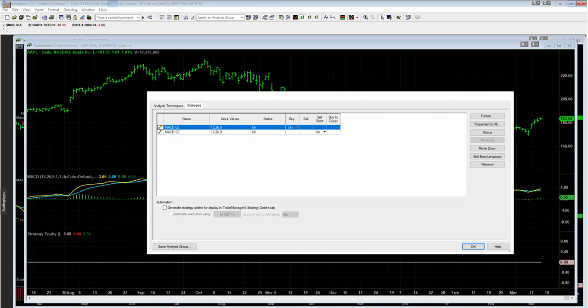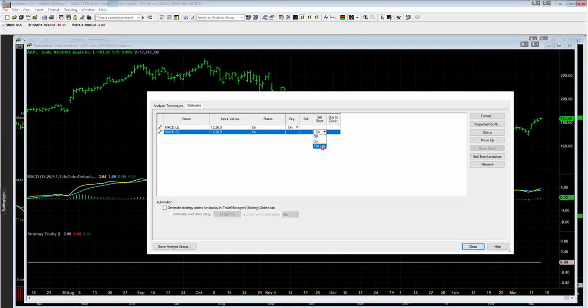Okay, so we talked about the status column here. Now, over to the right, these 4 columns tell us what trading actions these components take. So the long entry obviously does a buy, and the short entry obviously does a sell short. But notice what else is here. There's a little drop down. I can actually turn off any individual component here as well, or I can turn an entry into an exit only.